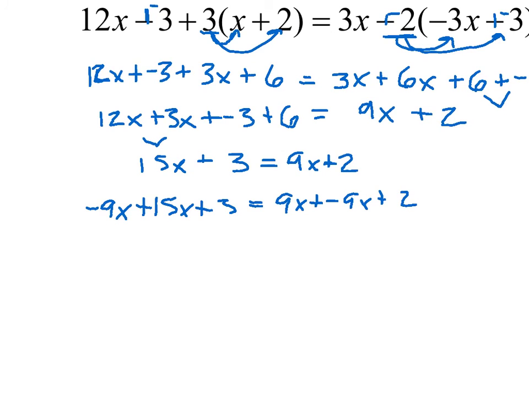Negative 9x plus 15x, that's 6x plus 3. 9x plus negative 9x, that's 0, plus 2. And again, this is as far as we want to go today. I know you can solve this. I'm not really worried about you solving this. This is as far as I need to go.